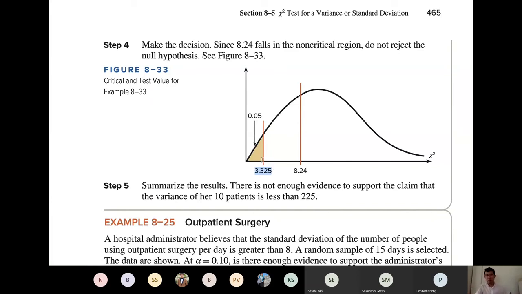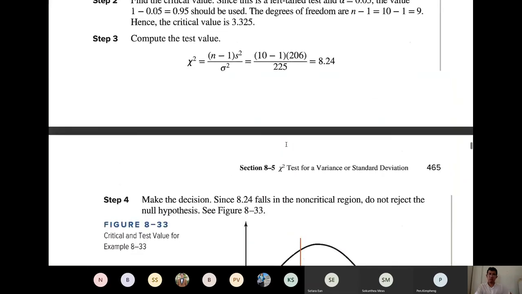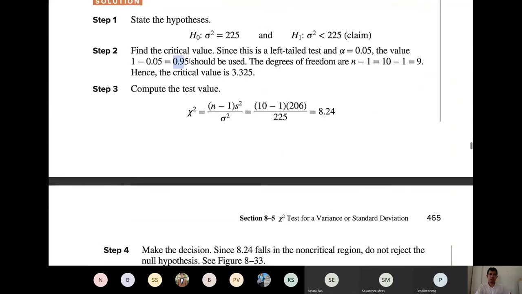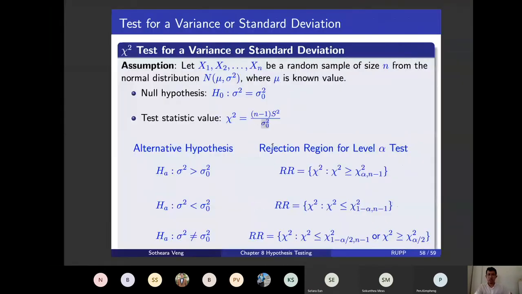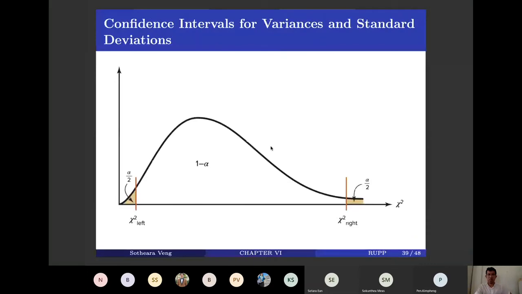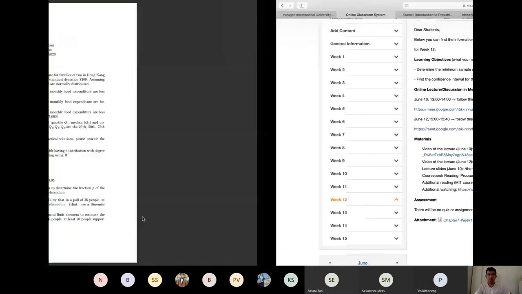But the chi-square table just gives you the area to the right. So if you want this area to be 0.05, the area to the right must be 0.95, right? So that's why we have to compute this 0.95 and specify the degree of freedom. You can come up with this critical value.